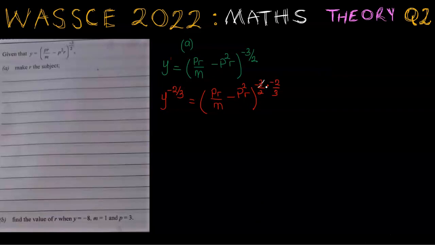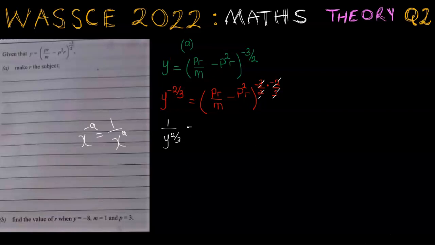So 3 is going to cancel 3, 2 is going to cancel 2, minus times minus is a plus, and we know that y raised to the power of negative 2 over 3 is 1 over y raised to the power of 2 over 3. Now this is so because there is a law of indices that says x raised to the power of negative a is 1 over x raised to the power of a. To see the video where I introduced indices, just click on the link at the top right corner of the screen.